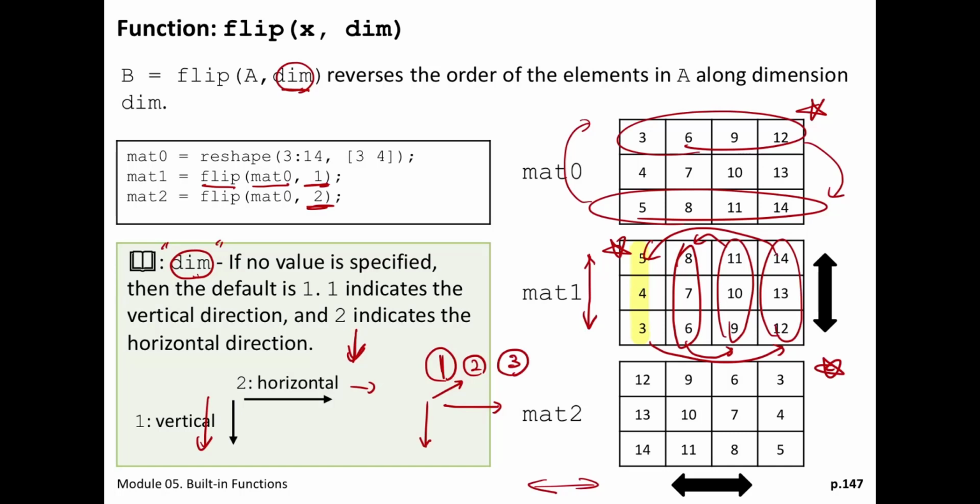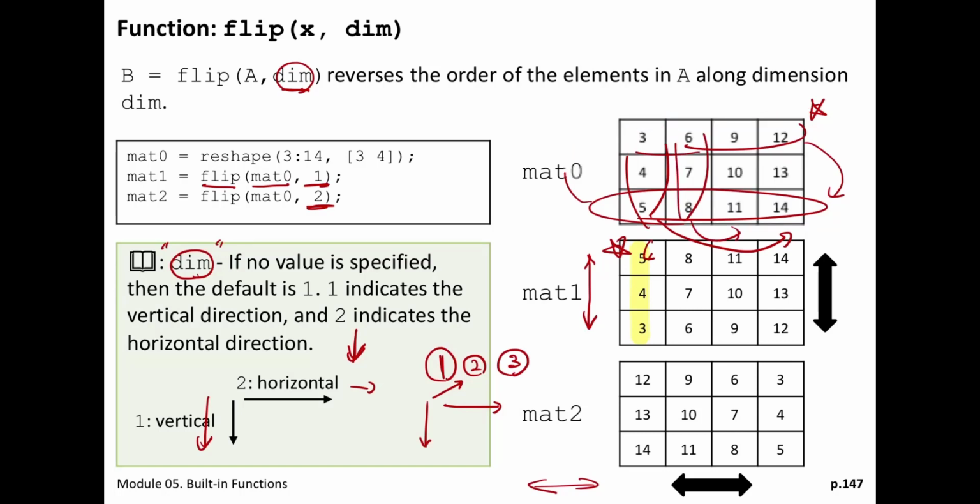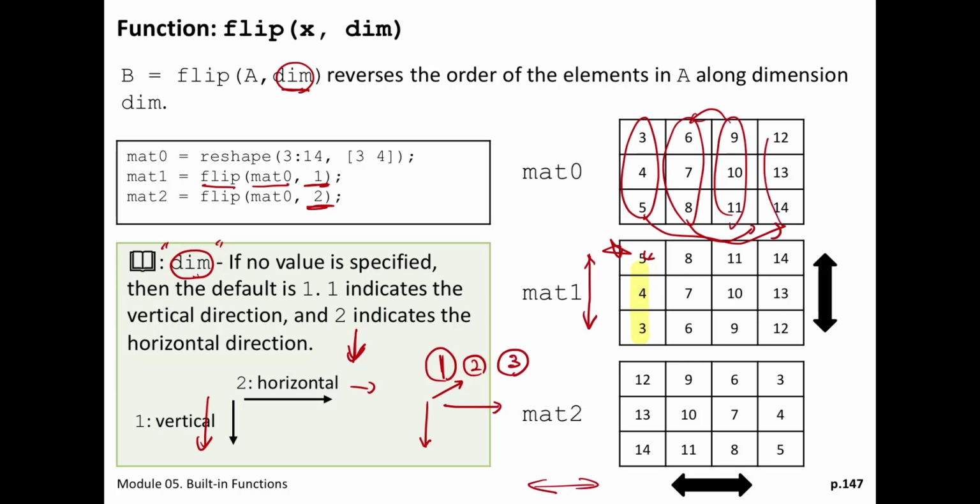This is the mat 1, right? So this one goes to here, this one goes to here. Okay, so let me erase this. This goes to here, this goes to here, this goes to here, this goes to here. So you get this matrix. Okay, makes sense?